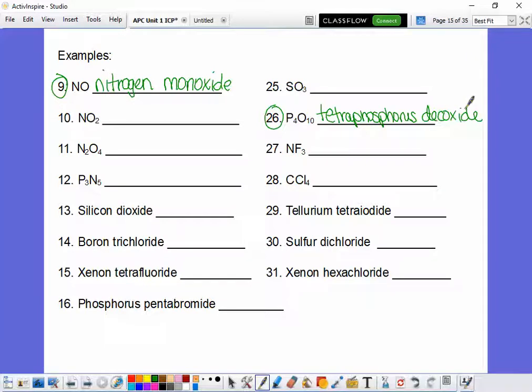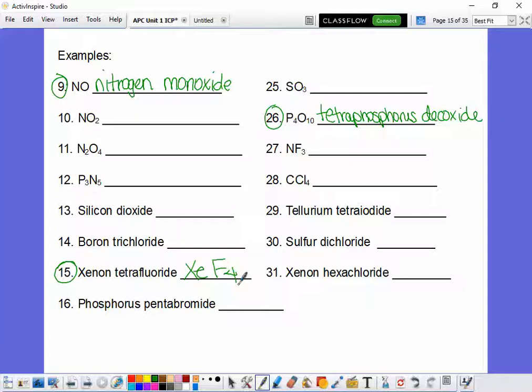What about 15? What would the formula of that be? What's the symbol for xenon? Xe. What subscript is it going to get? A 1, so we don't write it. Yep. And then tetrafluoride is what? F4. Please be aware that Fl is not the symbol for fluorine.